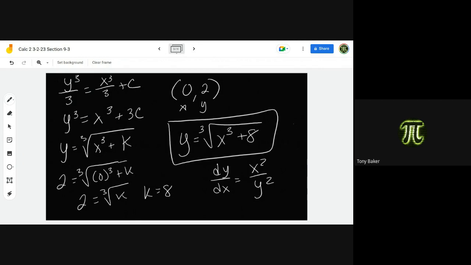Okay. The difference is, if I told you to take the derivative of this or the integral of this, the way this is set up right now, can you take the integral?